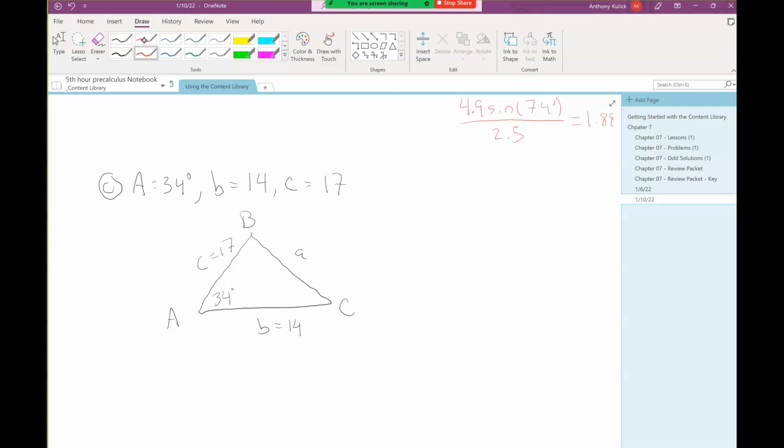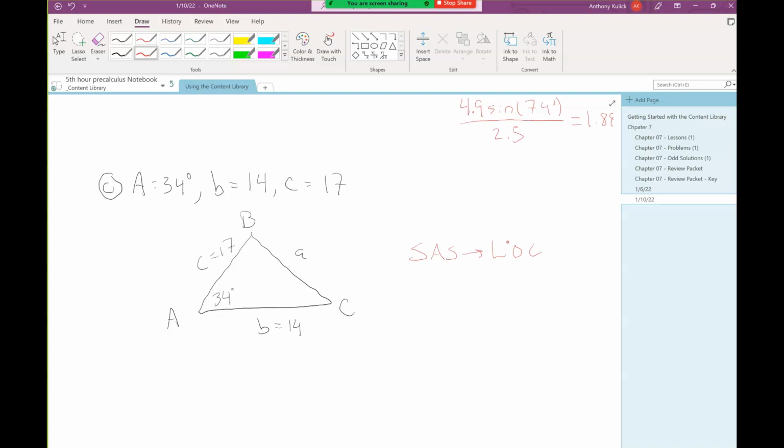Okay. What situation is this? This is side-angle-side. What does that tell me? I'm going to be using the law of cosines here. First time we're using this.